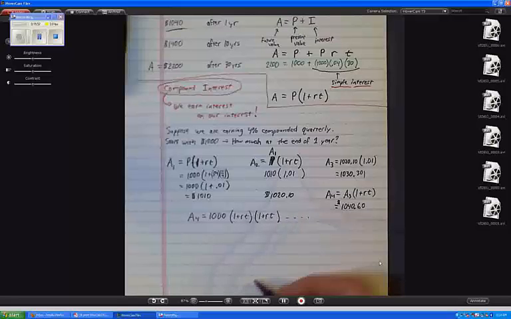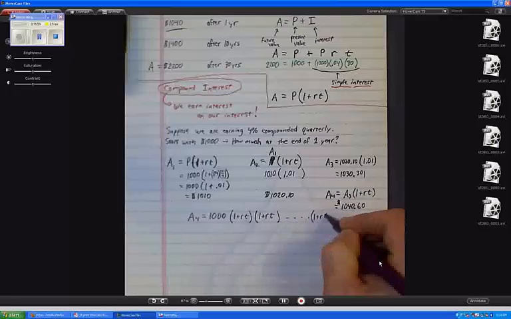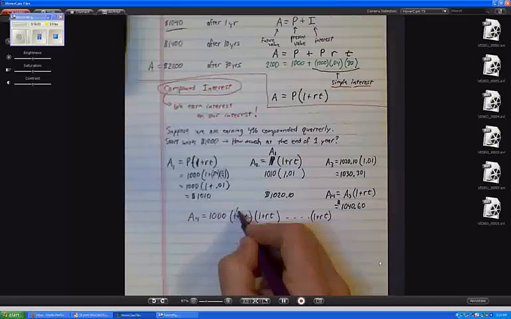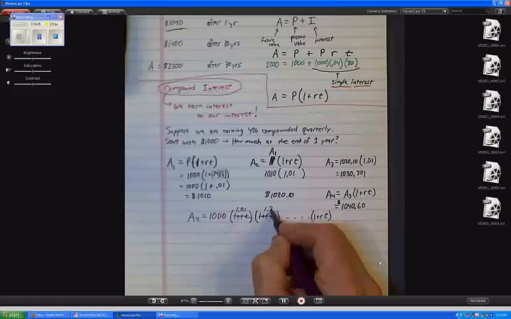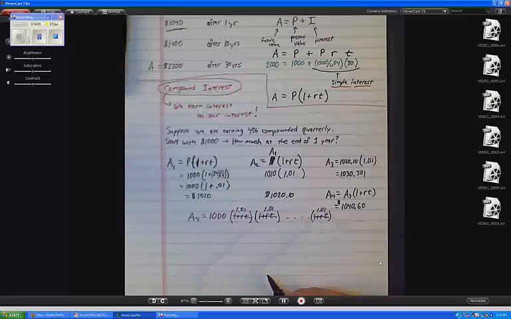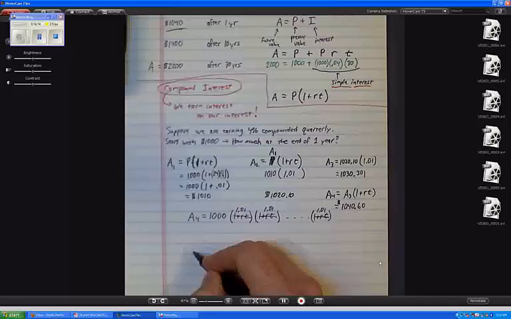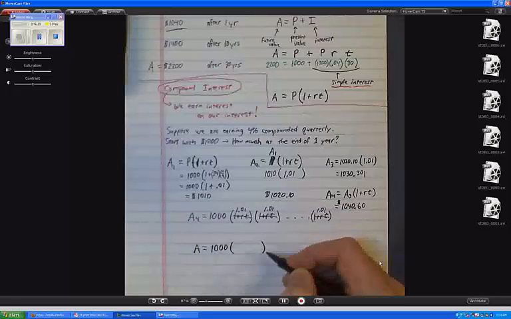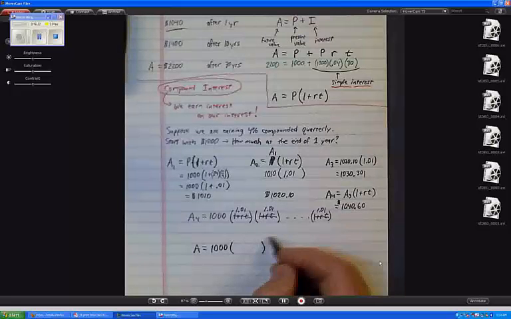Over and over again, we're multiplying by something, right? I don't want to write 1 plus rt. I'll remind you what we kept multiplying by was 1.01. Right? Okay. Well, the way that the compound interest formula works is this. A is going to be 1,000 times something raised to an exponent.